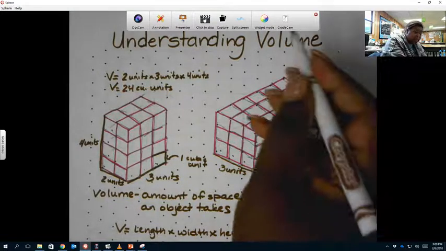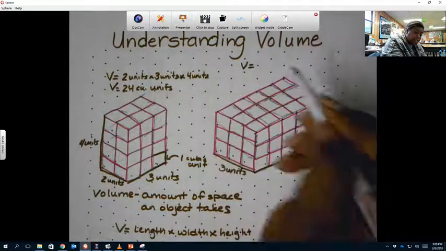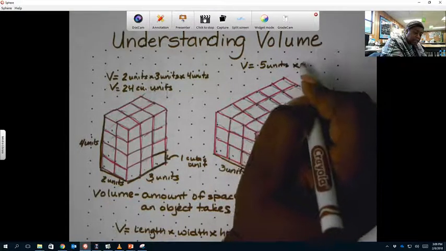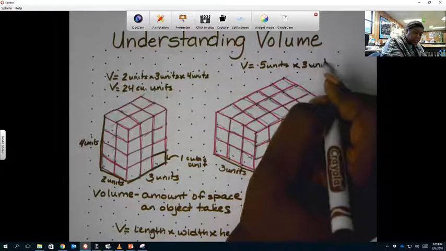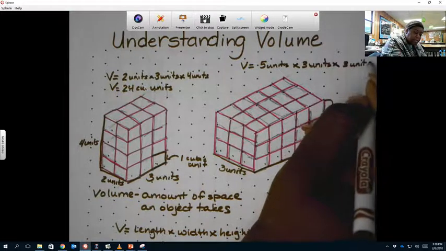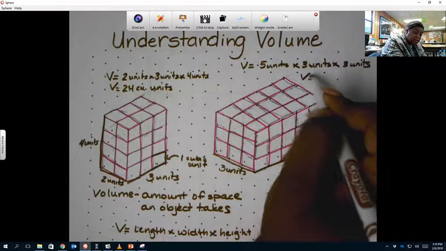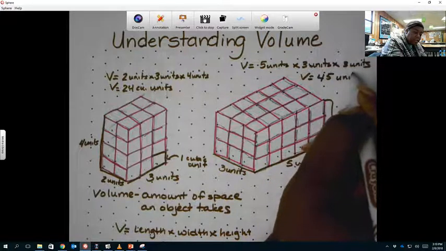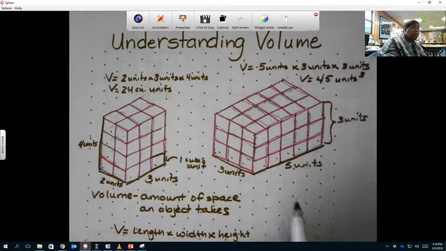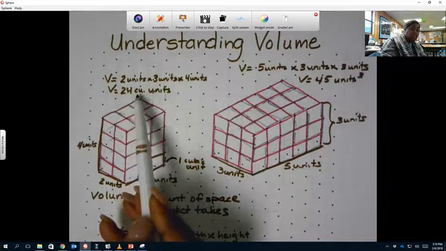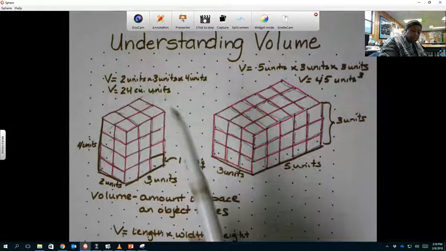And I can find my volume by writing a multiplication sentence: 5 units times 3 units times 3 units, and my volume is 45 cubic units. Remember that I can write the 3 or the cubic abbreviation; they both mean the same thing.